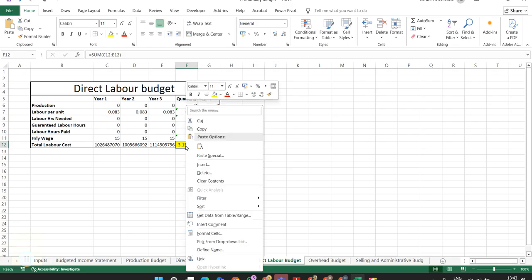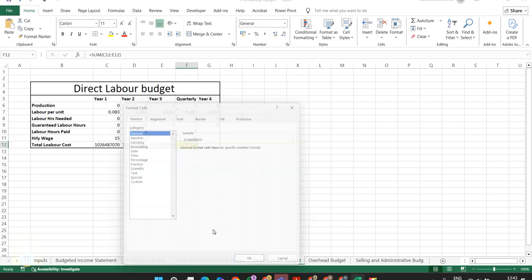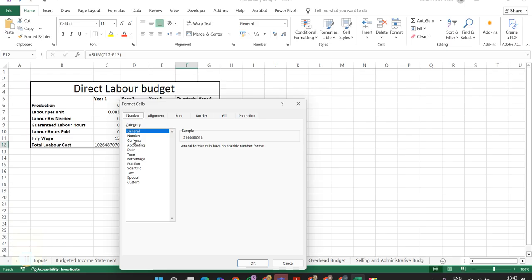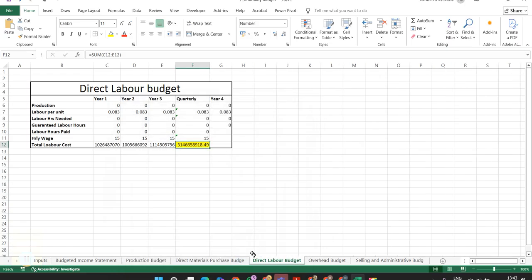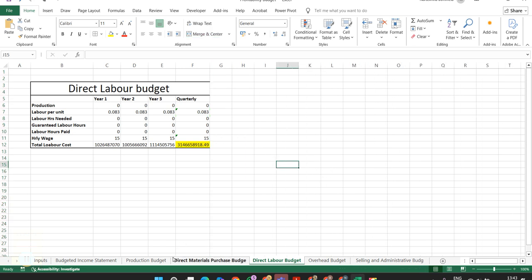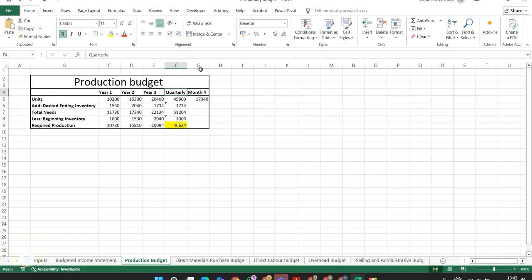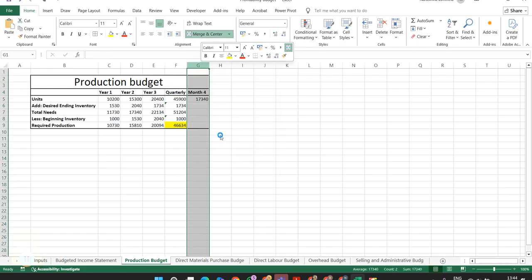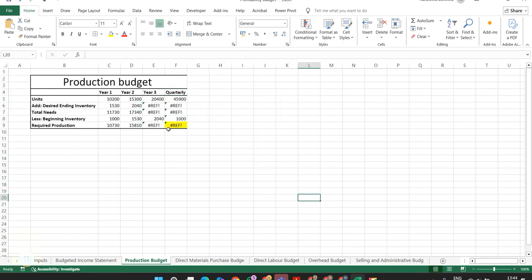So now I'm taking this value, format cells, and this is number. Okay. And I don't need this year 4. Remove year 4 in all the pages. We don't need this. Okay. So we don't need that actually.